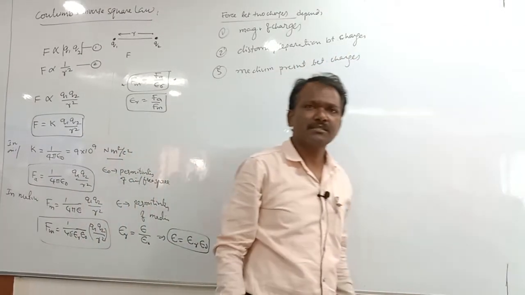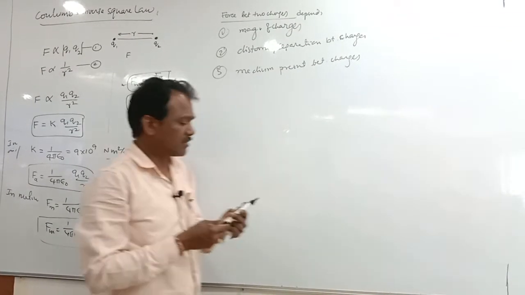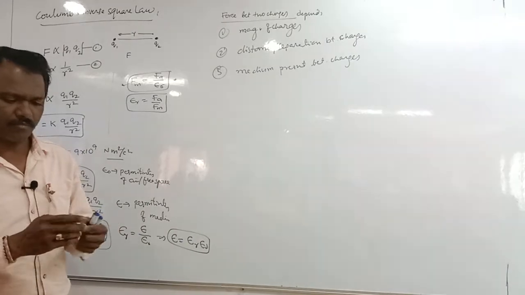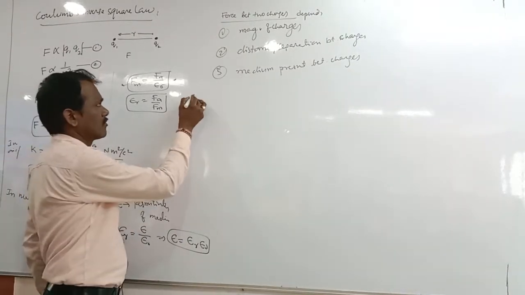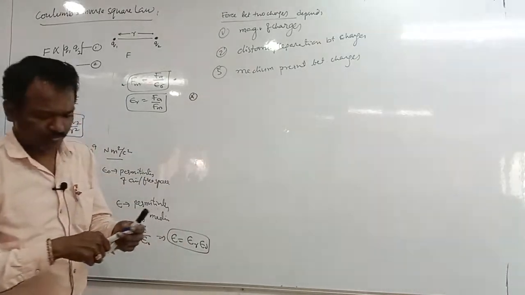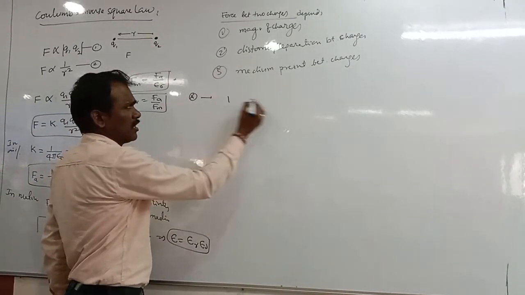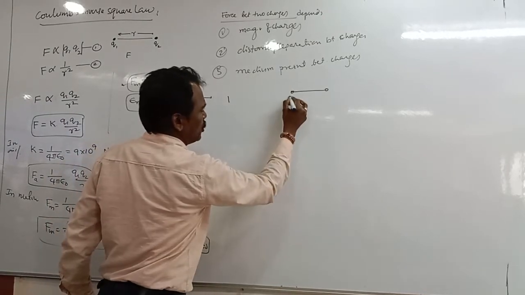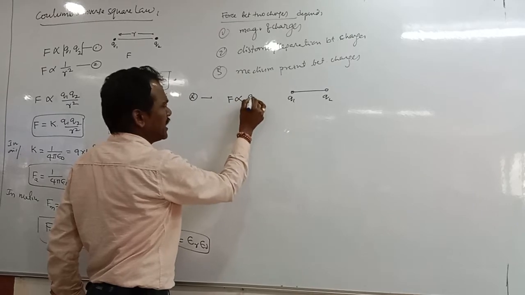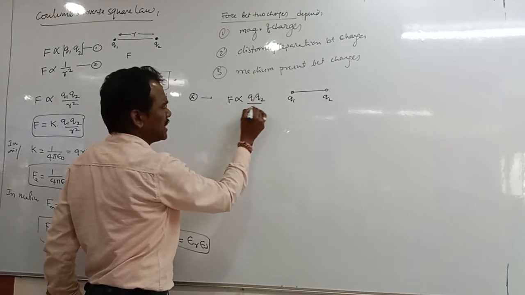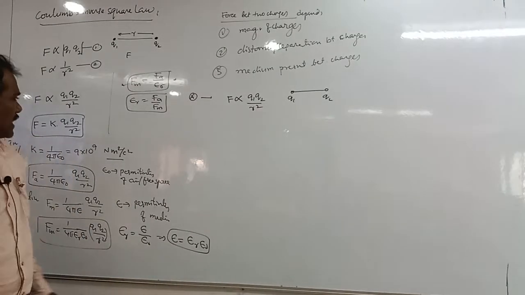On three factors it is depending here, right? See, if two charges are there here, q1 and q2, the force is directly proportional to the magnitude of charges and inversely proportional to the square of the distance between them, right?